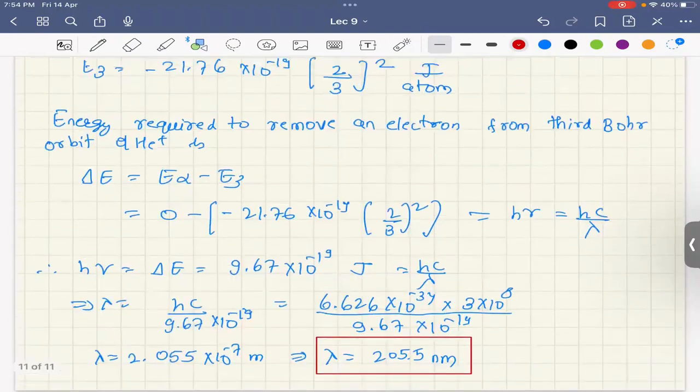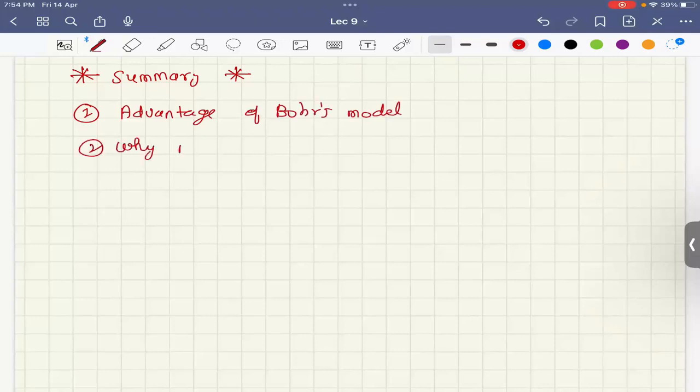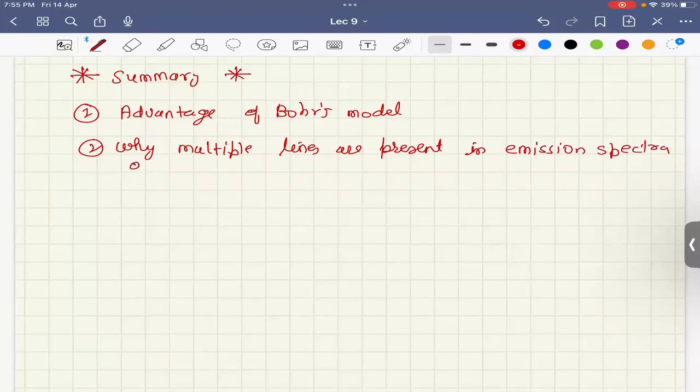So in summary, what we have studied today, we have studied the last advantage of Bohr's model, right? Why multiple lines are present in emission spectra of hydrogen atom, right?